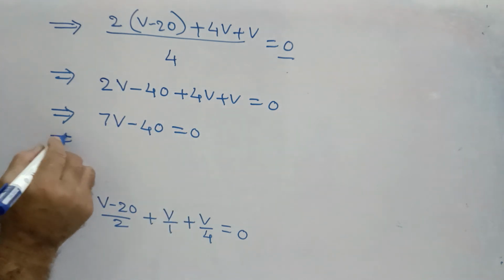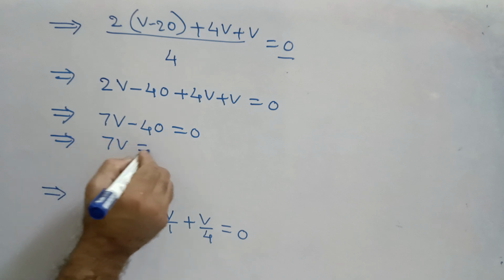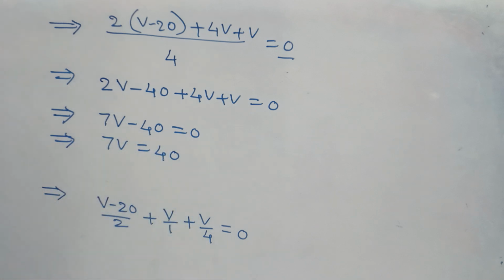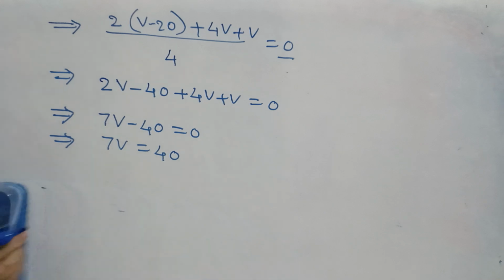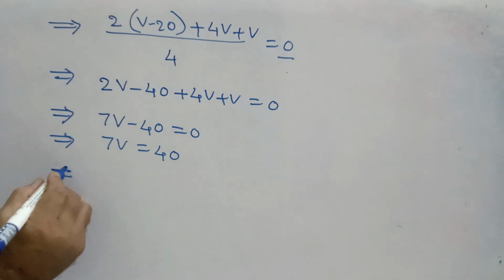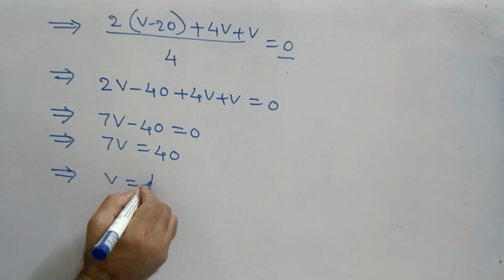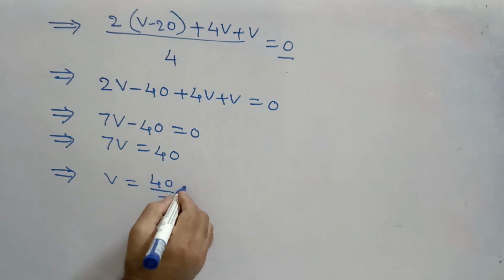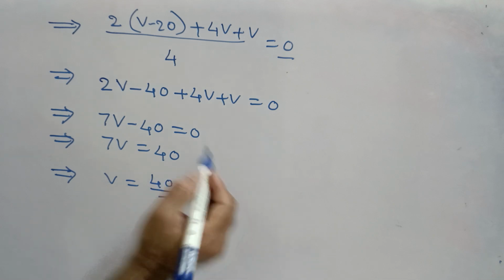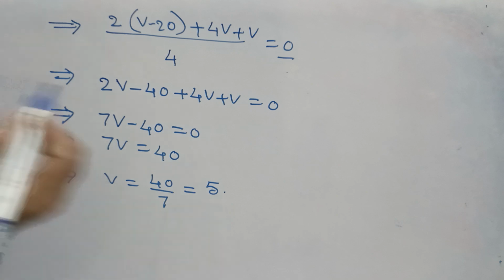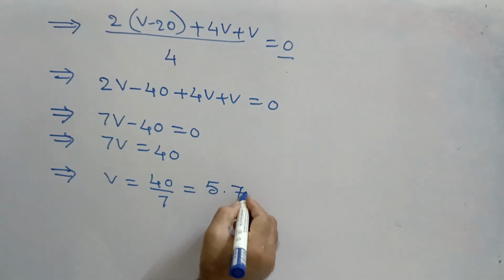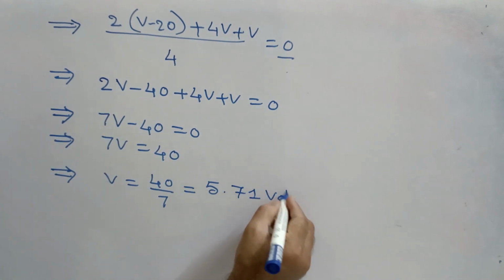This implies 7V is equal to 40, and therefore V is equal to 40 by 7, roughly 5.71 volts.